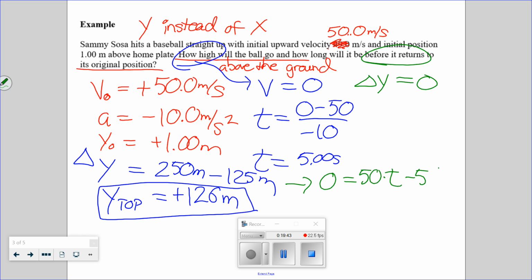And that's an easy, it's not even a quadratic because the t's cancel out. But that's a really easy quadratic to solve. Okay? It has two answers. But we already knew one. One answer is 0 at the start of the problem. It was right where it started. That's what it tells us. And the other answer that fits that problem is 10.